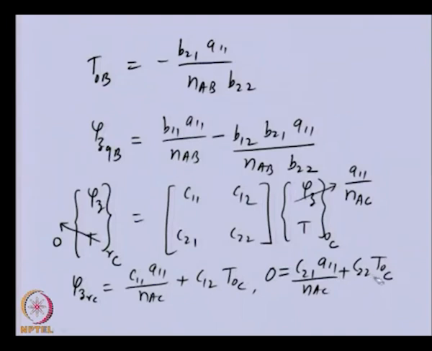Again, we can solve this and eliminate T naught C from here. Now, let us see, apart from this, at present we could relate branch A, branch B and branch C using the gear ratio, and we applied the boundary conditions.